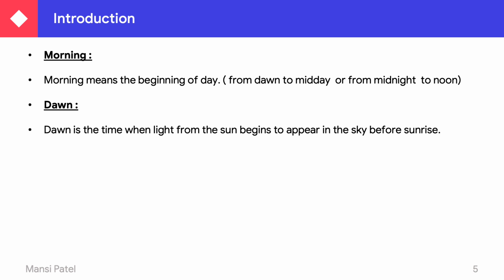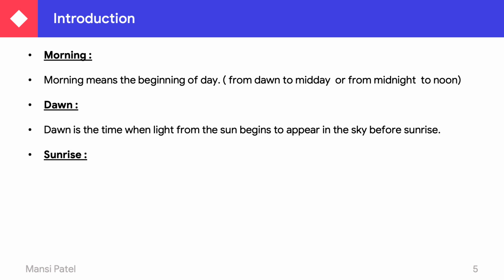Dawn is the time when the light from the sun begins to appear in the sky before the sunrise. As you know already, before the actual sunrise begins, you can see some light in the sky. So that time is known as the dawn period.